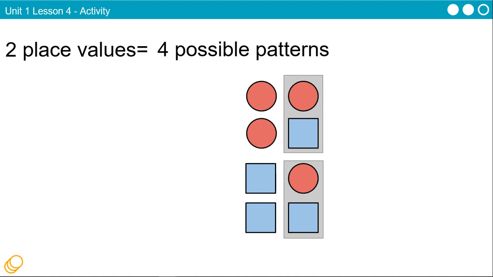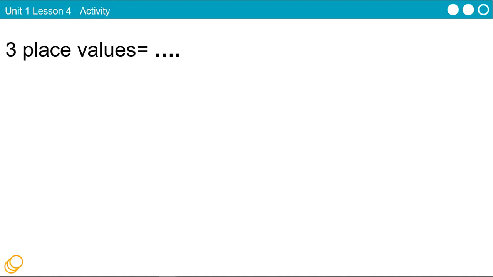It gives you the ability to have four different possible patterns. Conceptually, mathematically we could go 2 times 2, and that gives us four possible patterns, right?